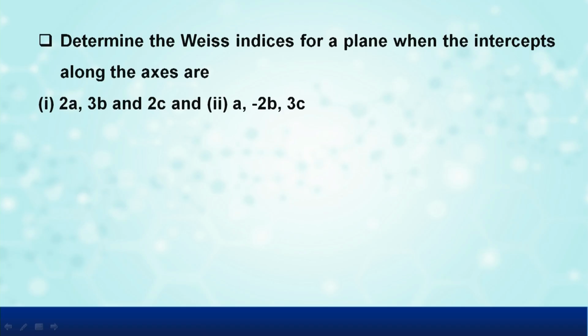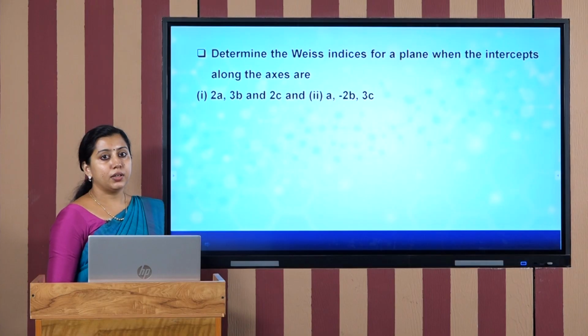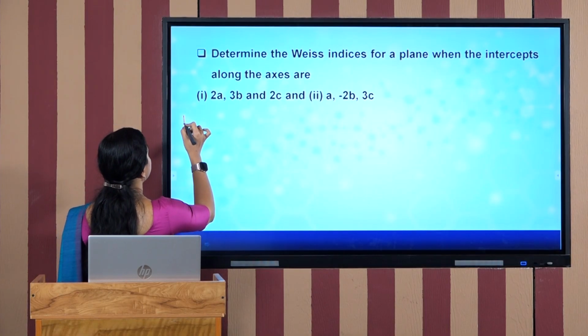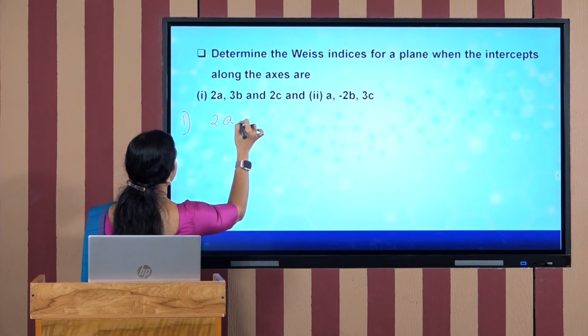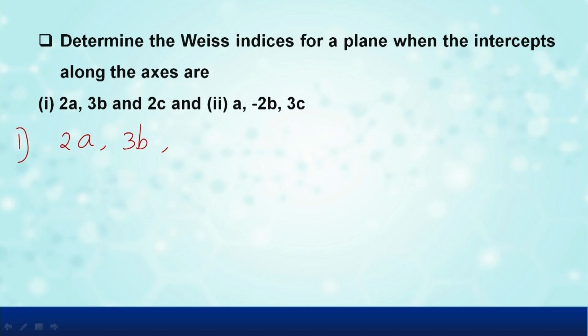Now, let us see some more examples related to Weiss indices. Determine the Weiss indices for a plane when the intercepts along the axis are 2a, 3b and 2c. And on the second question, a, minus 2b and 3c. First, let us answer the first question. It is given as 2a, 3b and 2c. What are Weiss indices?